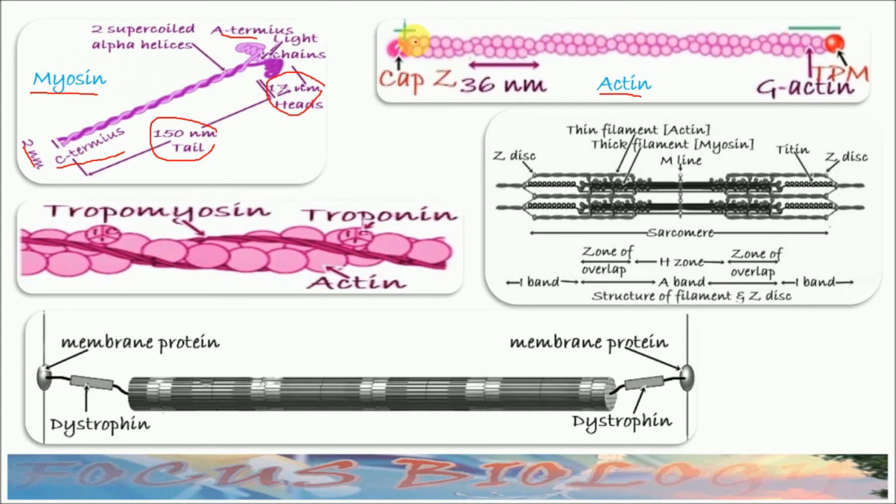G-actin polymerizes and forms a filament called F-actin, F for filament. And 2 F-actins wrap around each other in a helical manner. Here you can see one strand, and here is another, so in this manner they wrap.